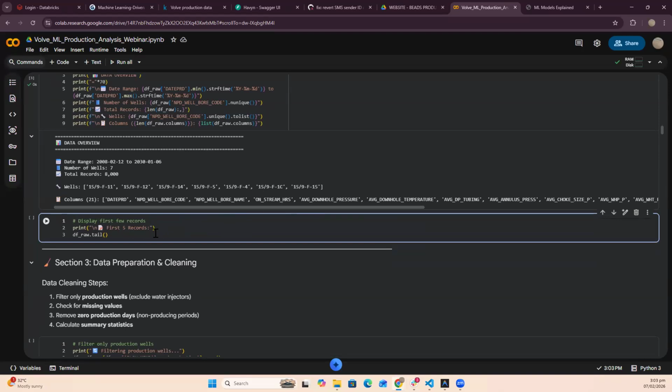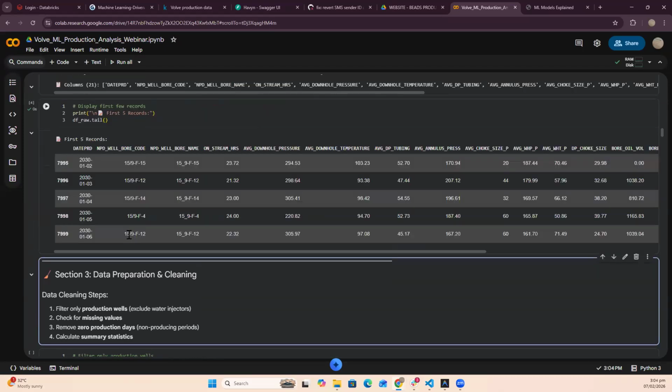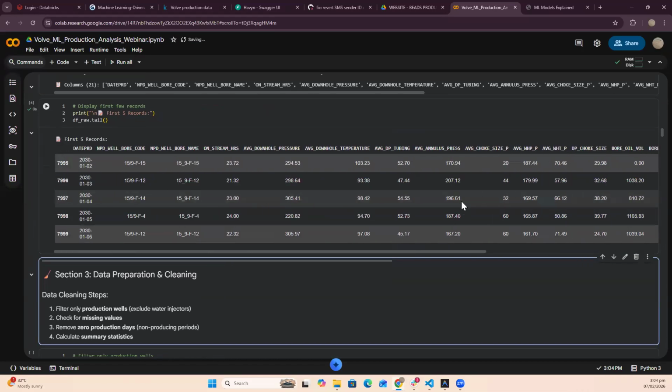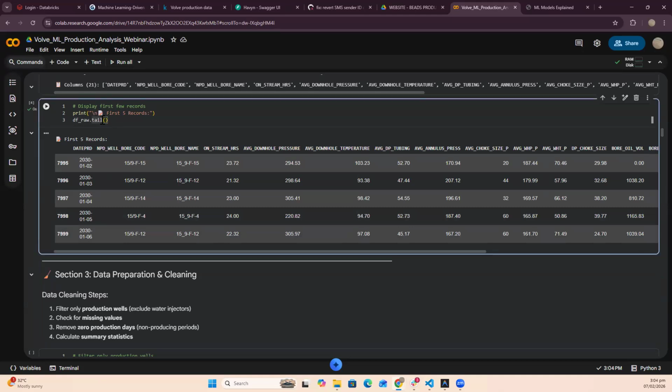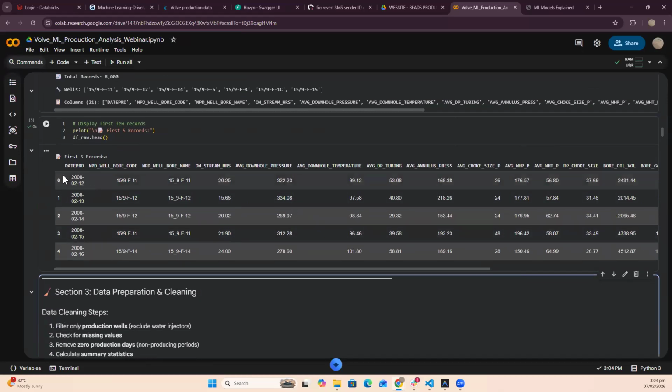All right. So now let's view the first 5 rows. Basically, this is our data. This is the bottom of the data, the last one, 7,999. If you want to see the head, the start, this is the starting zero.